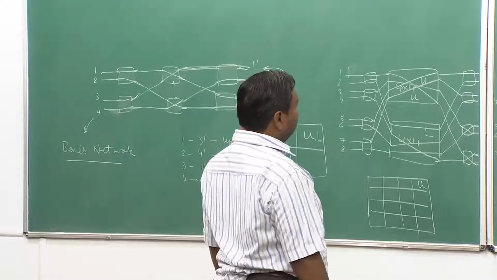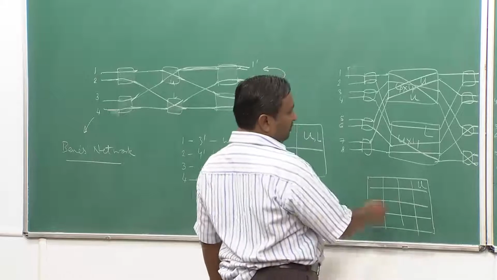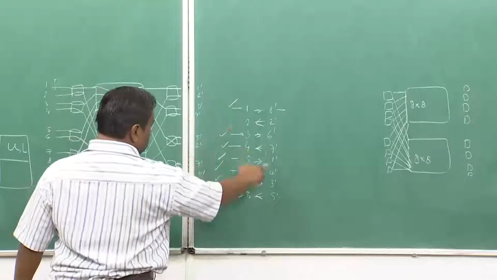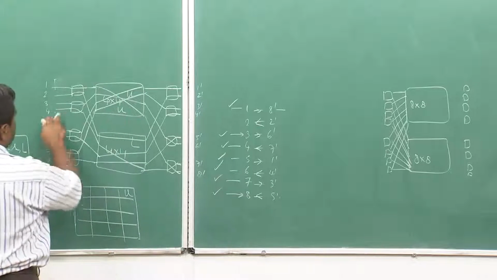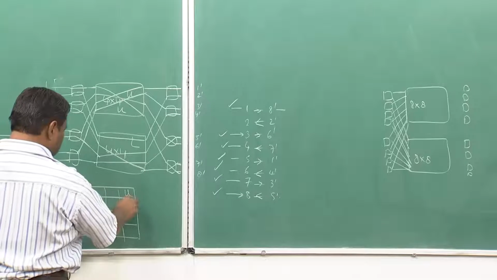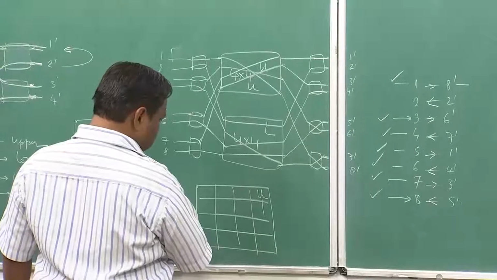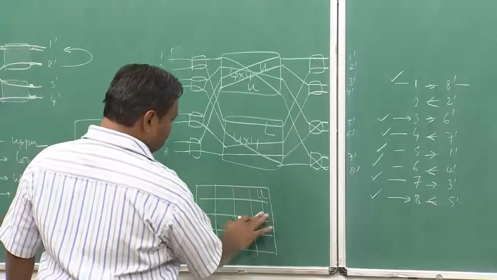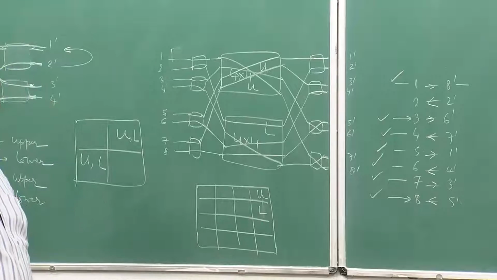So, 1 to 8 prime, and when I am connecting from 4 to 7 prime, this is going from bottom. So, 4 will be here. So, I am putting a lower here, 4 to 7 prime, okay.